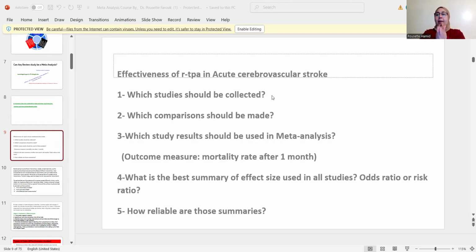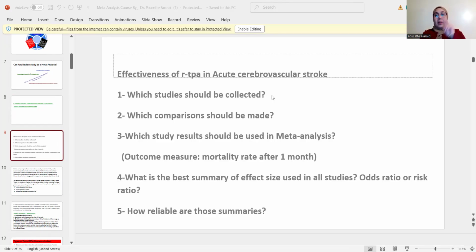I will compare cases with acute cerebrovascular stroke receiving thrombolysis versus another group of acute cerebrovascular ischemic cases receiving placebo. This placebo could be heparin, low molecular weight heparin, Clexane, Fraxiparine, aspirin, anything but not rtPA.